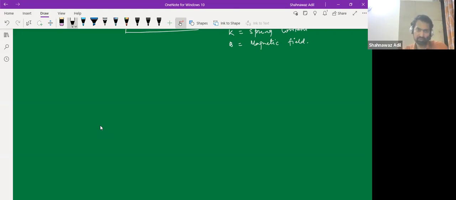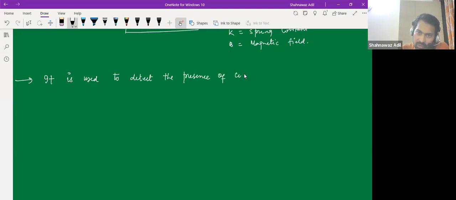So we can write that it is used to detect the presence of current, right?